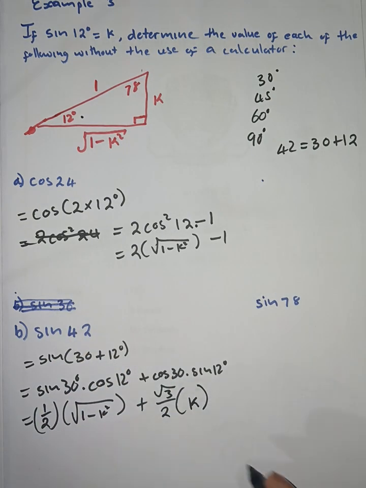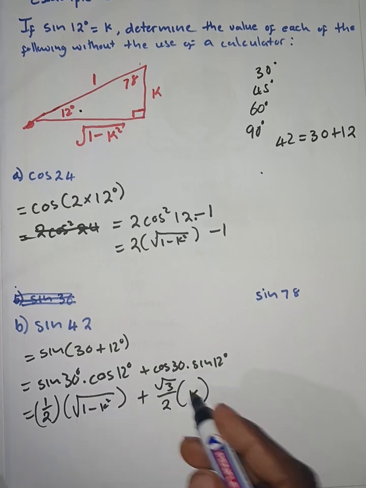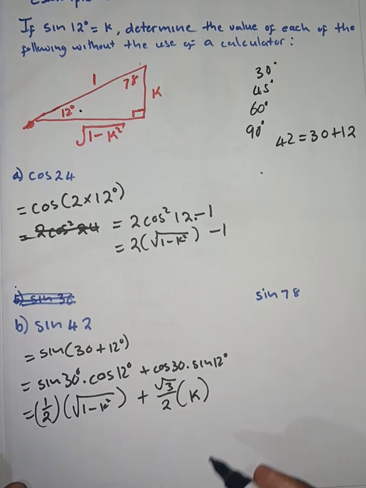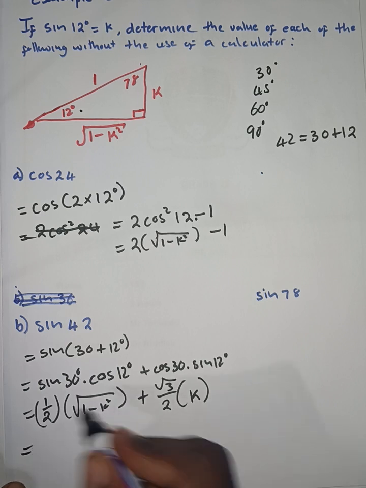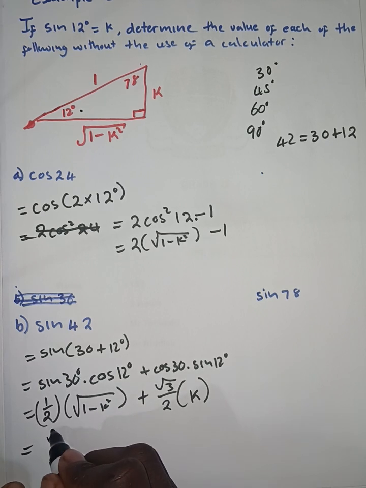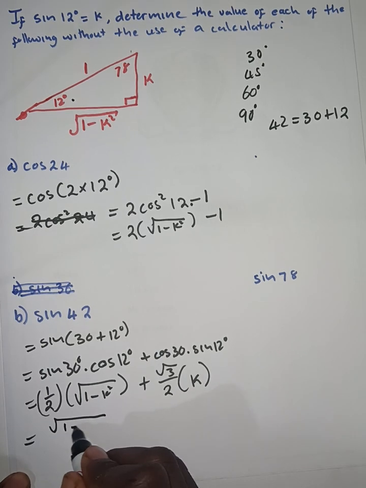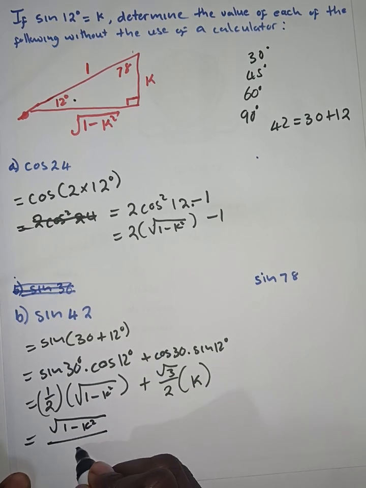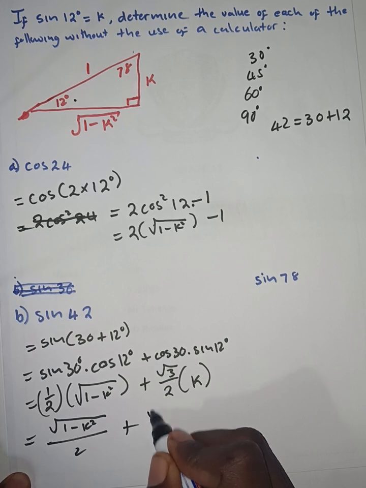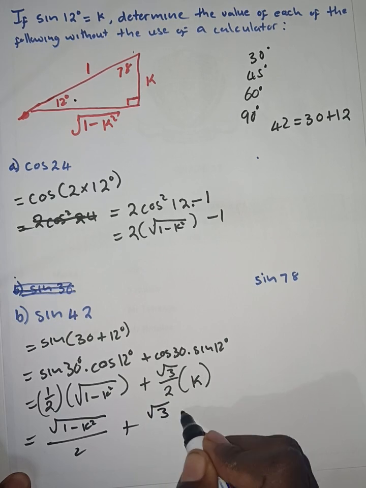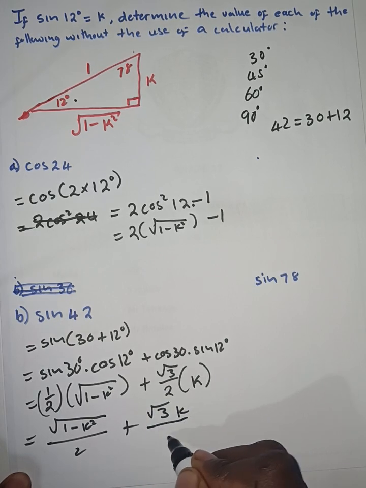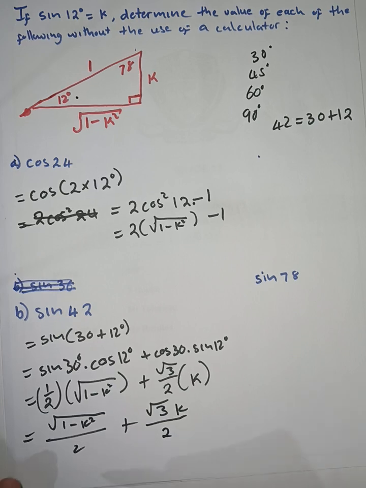Again, you can just add those two. I'm going to make that root 1 minus k squared over 2 plus root 3 k over 2.